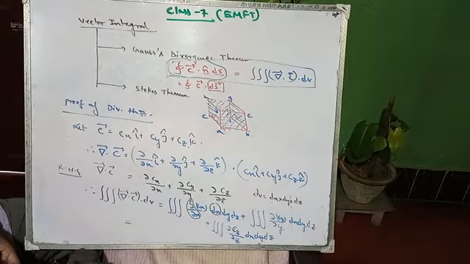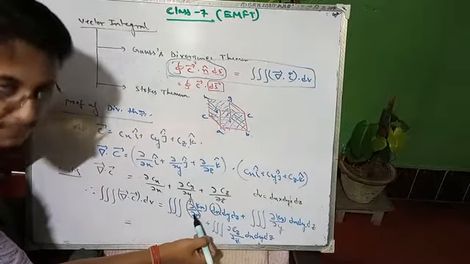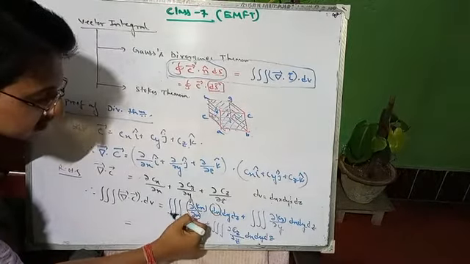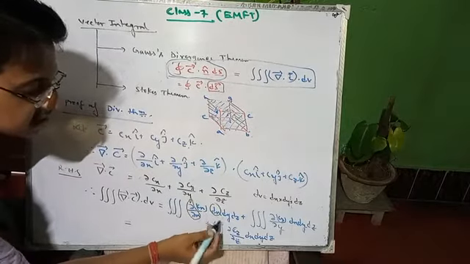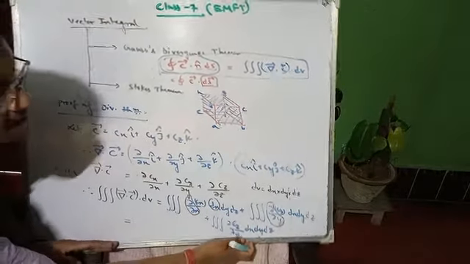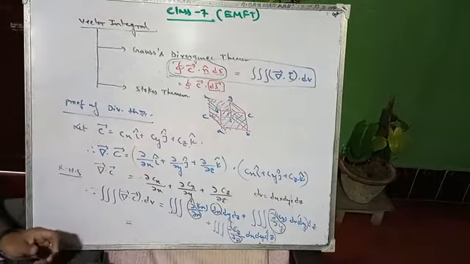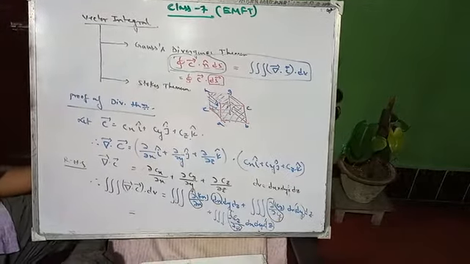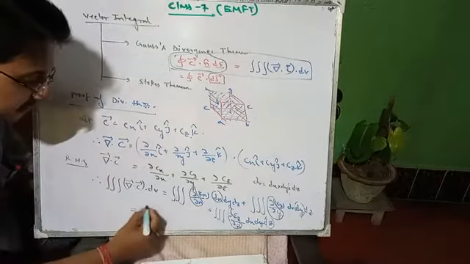Now del x multiplied with dx can be cancelled out. If we cancel del x with dx, one integration vanishes. Similarly del y with dy will be cancelled out, and del z with dz will be cancelled out. So what will be your answer now?